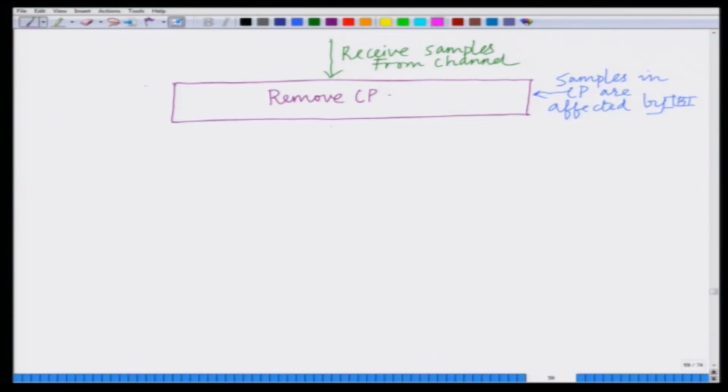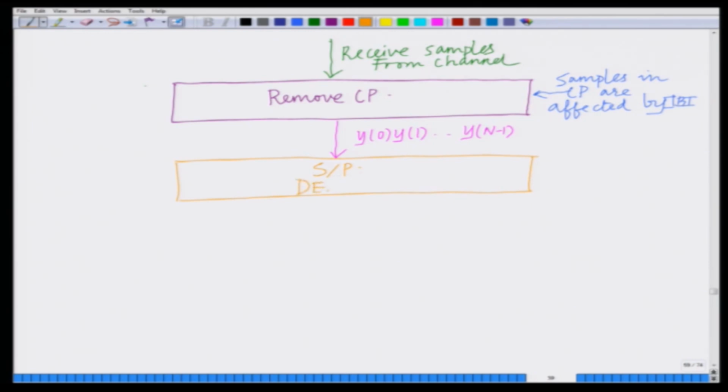Now at this point we have our samples y0, y1 up to y n minus 1. Again we carry out a serial to parallel operation, as we have already seen.